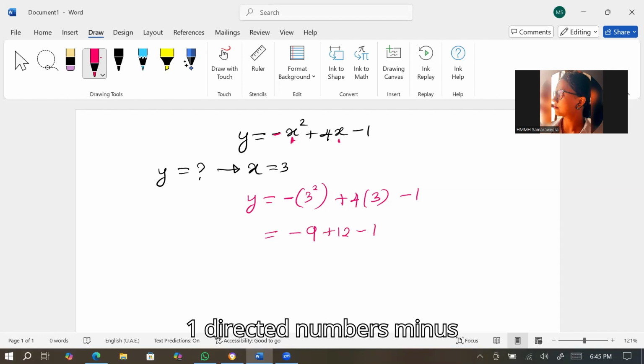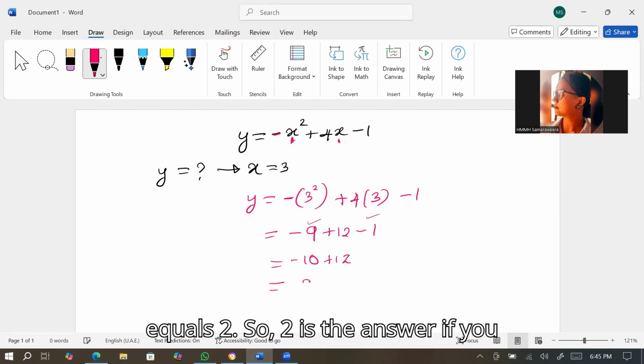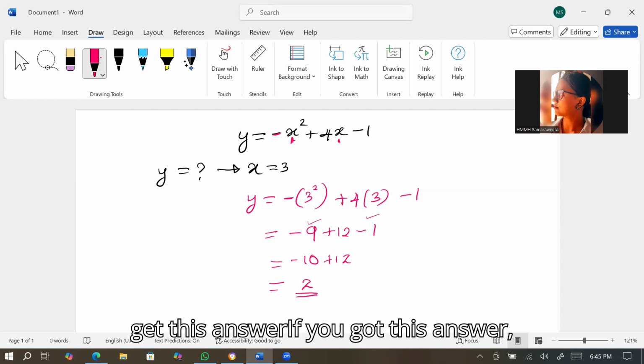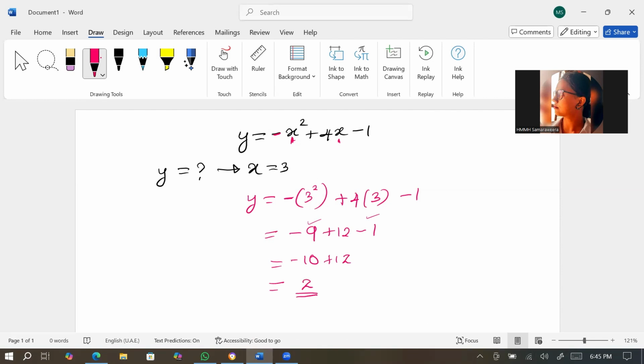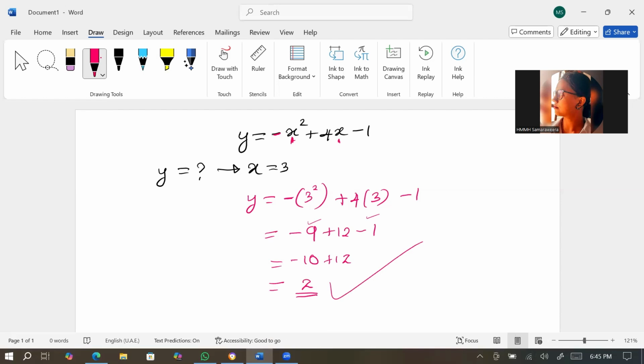Directed numbers: minus 9 minus 1 is minus 10, plus 12, right, equals 2. So 2 is the answer. If you got this answer, mark your answer with the correction mark, right? Two is the answer, right?